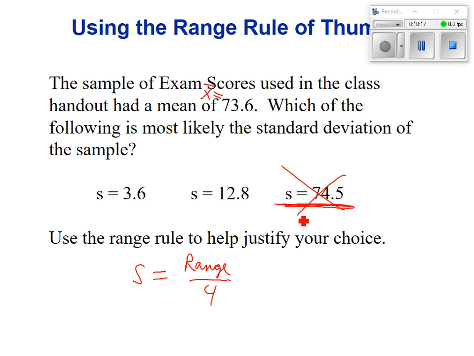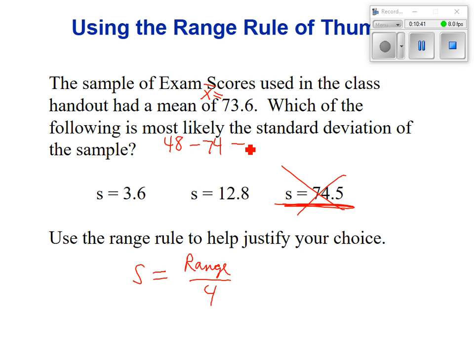12.8. We look at 12.8. If we go a couple below, a couple above, that's about 13, let's say. So that'd be 26 below. And let's just make that 74. If we go 26 below that, what's 74 minus 26? Like 48.